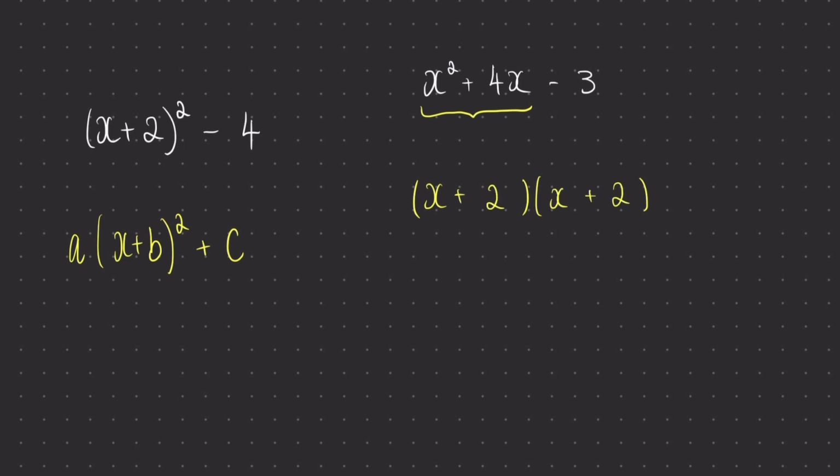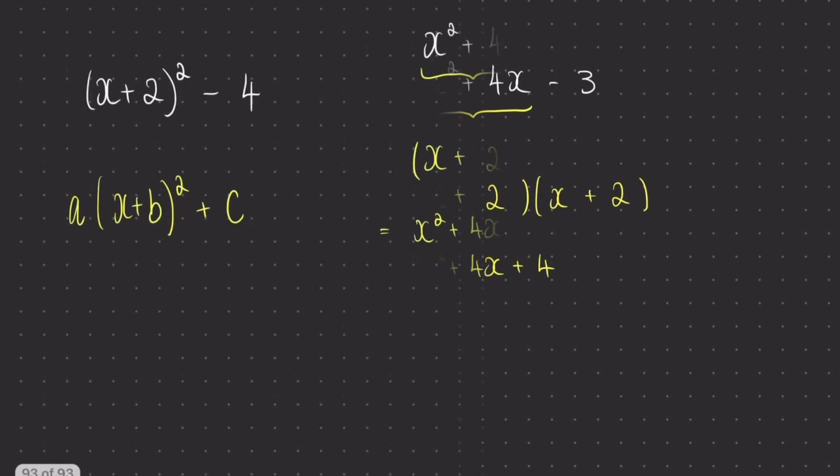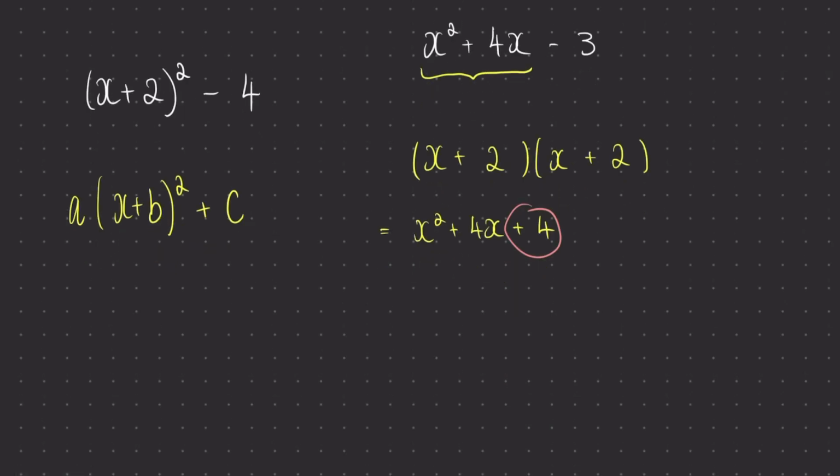And the reason I'm doing this is if we expand this out, we would get x squared plus 4x plus 4. We can see that at least part of my current expression is what I want in x squared plus 4x. However, we have this extra term plus 4 at the end. So if we only want x squared plus 4x, I now need to subtract away 4 from this expression in order to just leave x squared plus 4x.